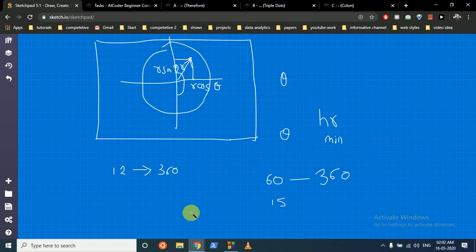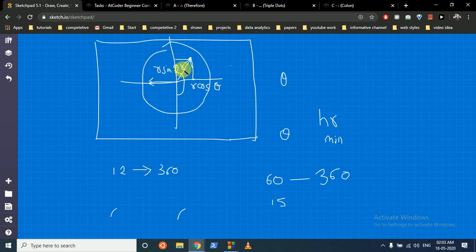But as we know, as the minute hand moves, the hour hand also moves some distance, because the hour hand is not fixed at 9 o'clock. So at 9 o'clock it is at this position, but if we find out at 9:30, this hour hand is between 9 and 10. I hope you understand.